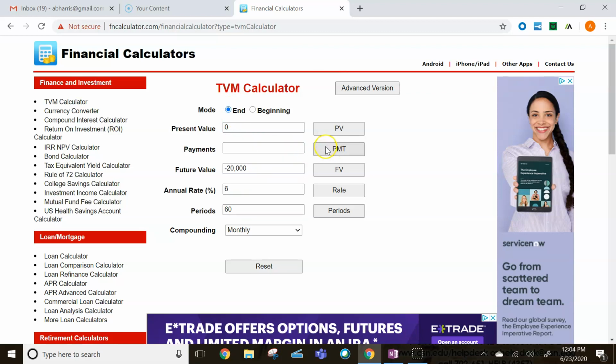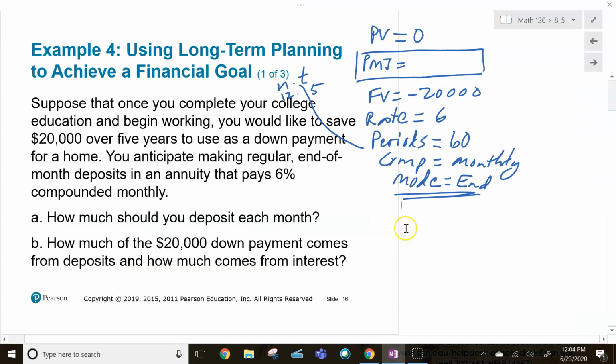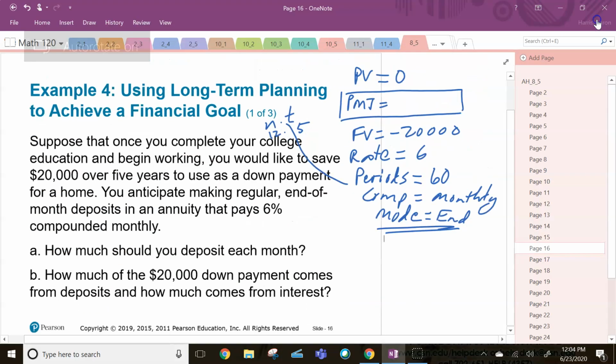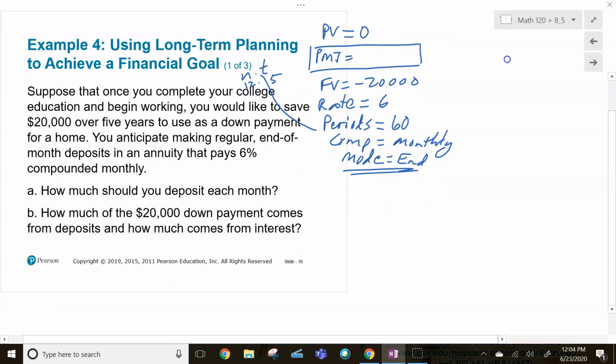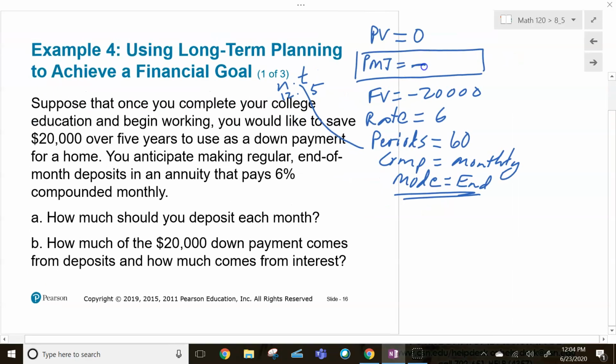Let's click on the payment: 286.66. All right, so if we're going to round to the nearest dollar, 287.